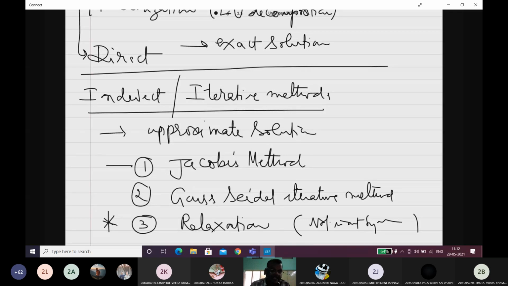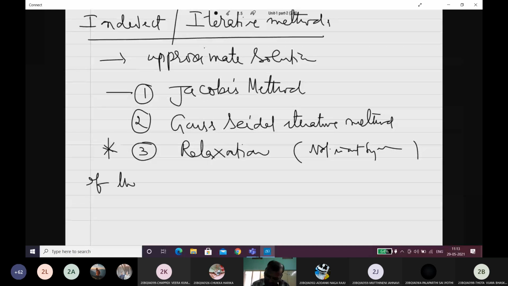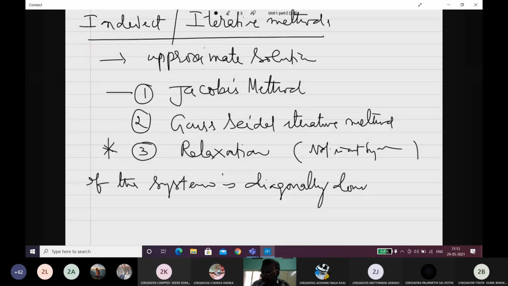If the system is diagonally dominant, then we use these iterative methods. Otherwise, we should not use them.